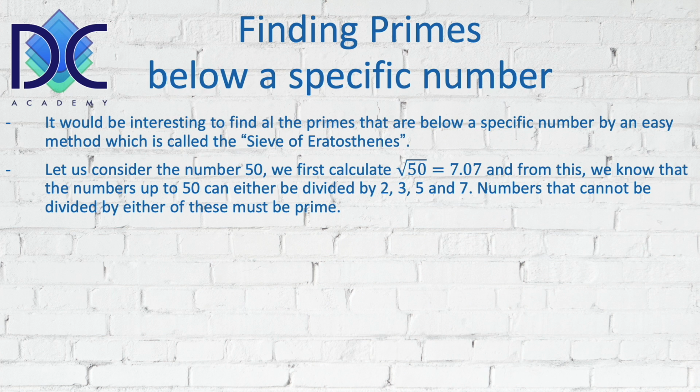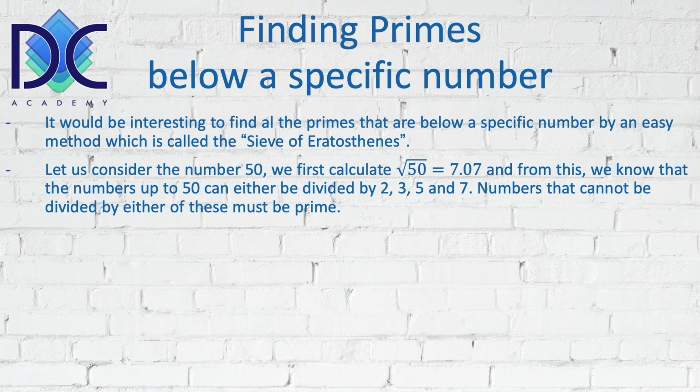Now, let's look at n being 50. We see that the square root of 50 is 7.07, which means that the numbers up to 50 can be divided by 2, 3, 5, and 7.